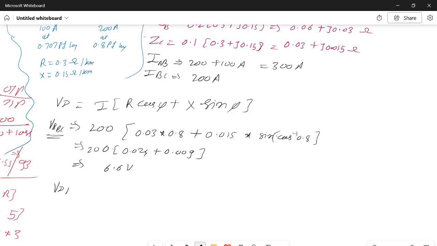Now the voltage drop between A and B. Again the same formula, R cos phi plus X sin phi.